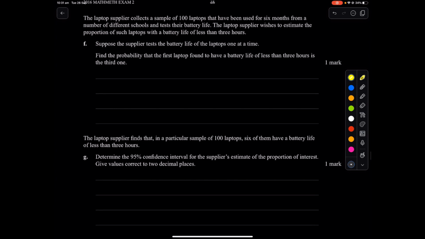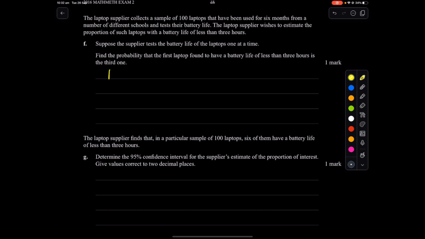Wait, what are they saying? Find the probability that the first laptop found to have a battery life of less than 3 hours is the third one. Okay, all right, so they're saying, let's say he has 100 laptops, but he wants the third one to be less than 3 hours of charge.